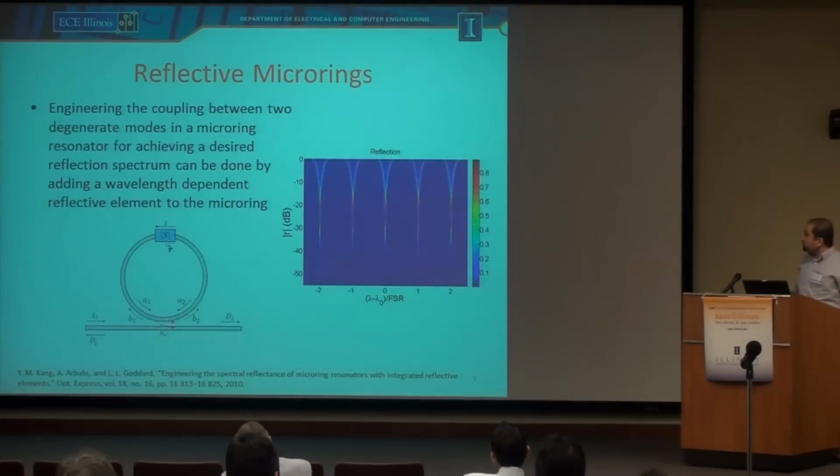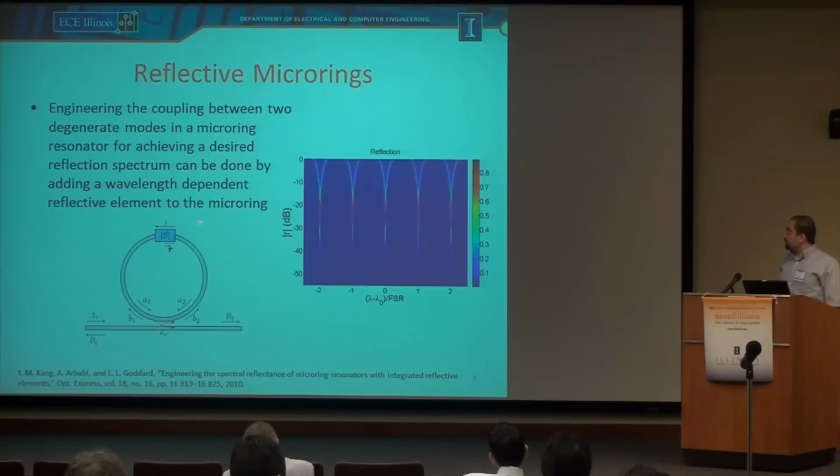If we plot the reflectivity of this device, the reflectivity is color-coded as a function of wavelength and also of the reflectivity of this small reflective element inside the ring. The reflectivity goes from 0 to 1, and wavelength is normalized to the free spectral range, which is the distance between two resonance wavelengths.